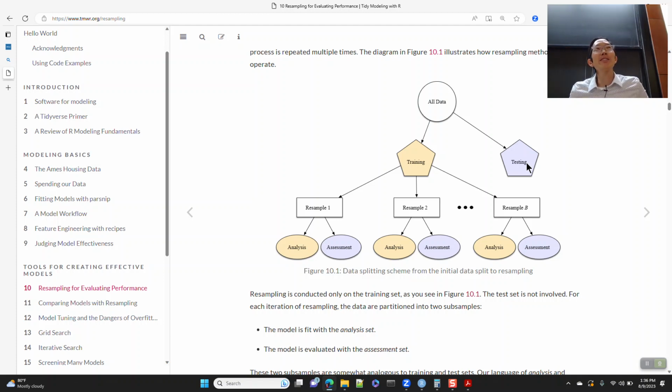And the name test is, I think, appropriate. The analogy I like to use is if you wanted to see if a student learned the content, you might give them an exam, right? And as part of their studying, you might release practice exams.